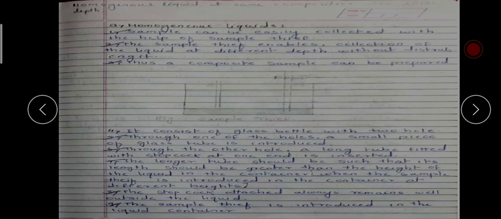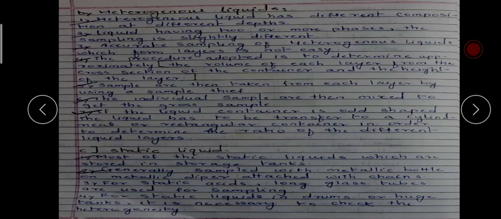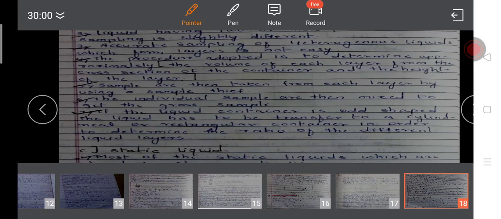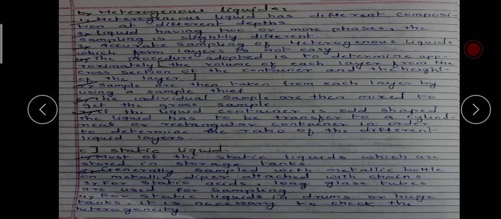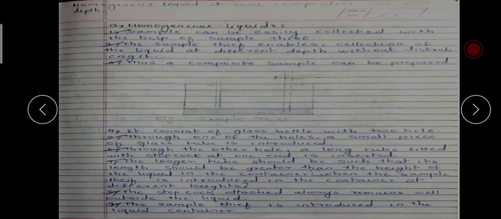When the sample tip is introduced in the container at different heights, the stopcock attached always remains well outside the liquid. This method you have to follow while handling the homogeneous liquids.